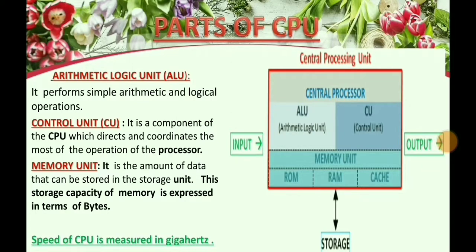Dear children, this ALU, that is arithmetic and logic unit, performs all the arithmetical operations of the computer. I mean to say, all the mathematical calculations are done by this ALU.